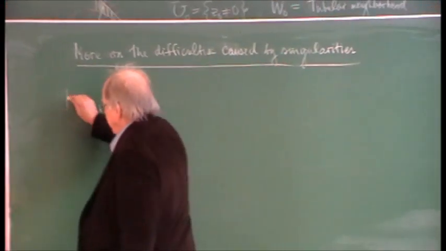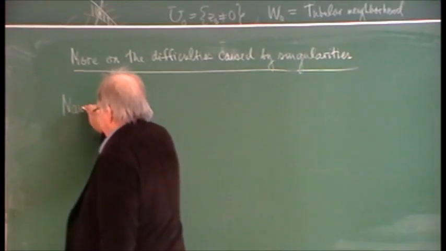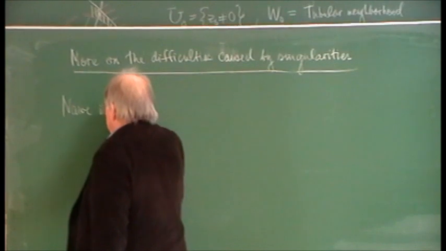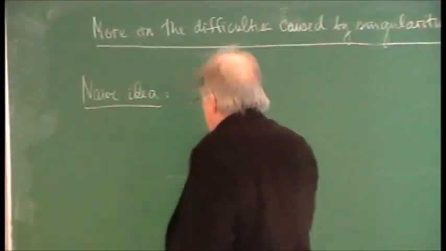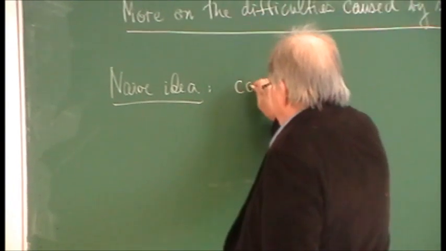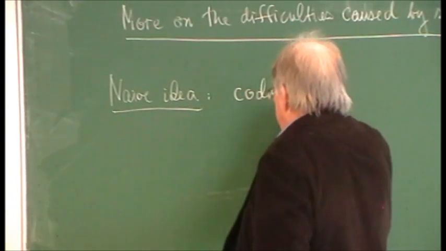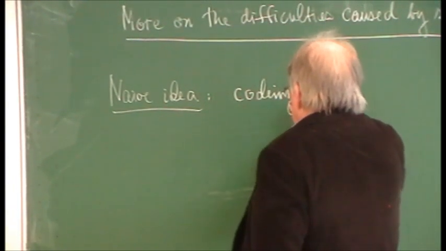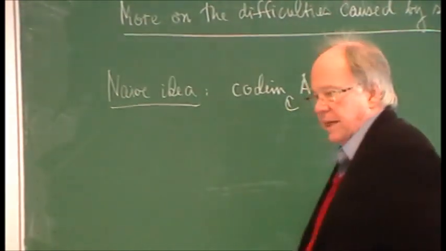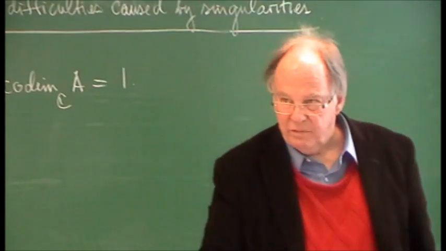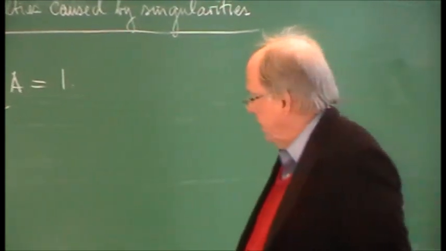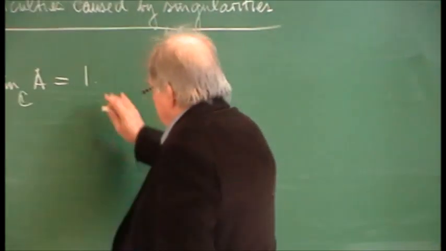Naive idea: if the codimension of some set, depends where we are, but let's be abstract, the codimension of some reasonable set, an analytic set, yesterday we talked about locally defined by holomorphic functions or something like that.